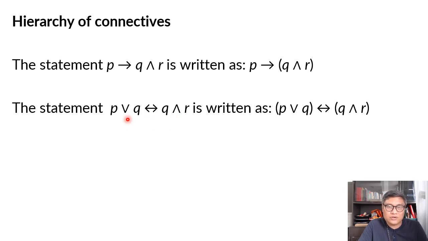Now we know that your disjunction or your conjunctions are of the same level, so we can simultaneously simplify first between P or Q and that of your Q and R. So by putting now a parenthesis, it means that you are going to simplify first between your P or Q and of your Q and your R. So whatever is the result, then that's the only time that you can now apply the biconditional, because this is of the lowest hierarchy.